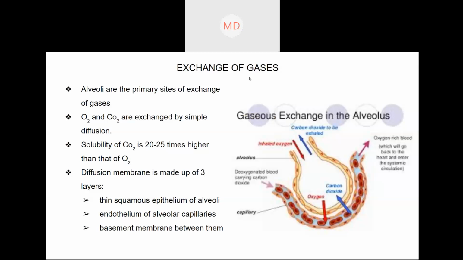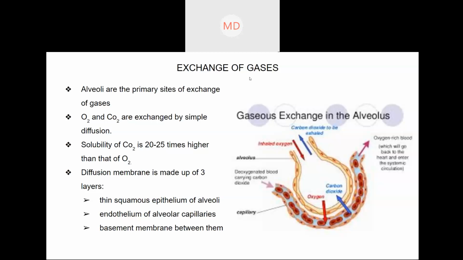Now, what is alveoli? Alveoli are tiny air sacs inside the lungs. Air sacs means spaces filled with air. I will show you diagrams. I'll search for them and show you.